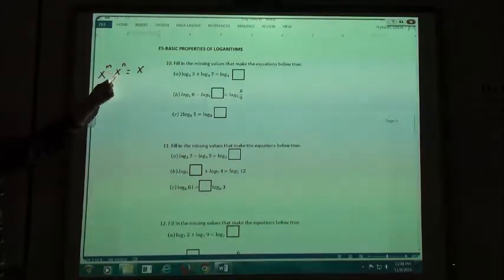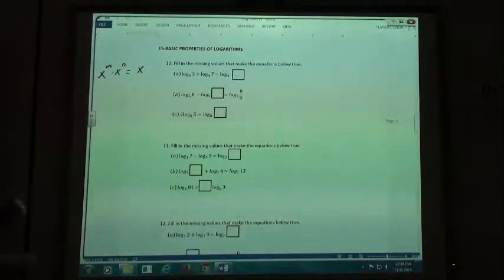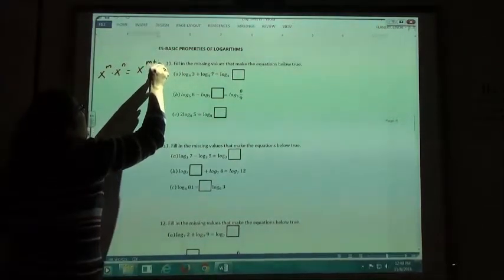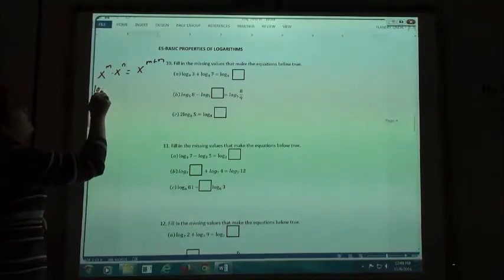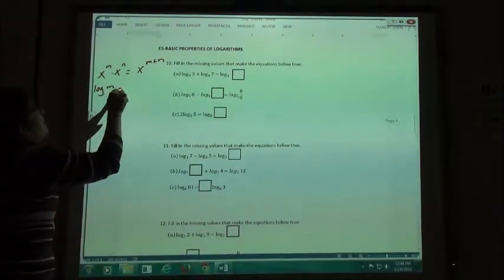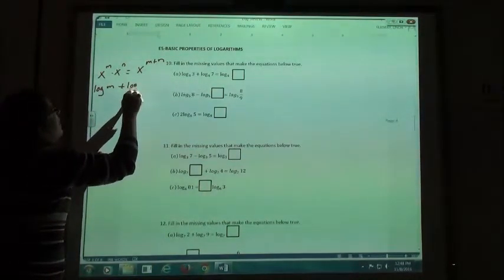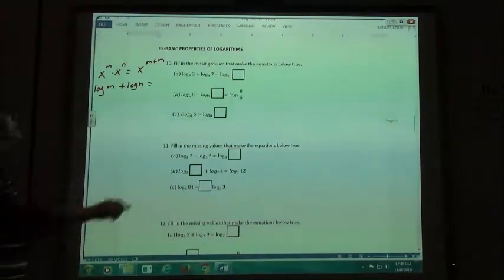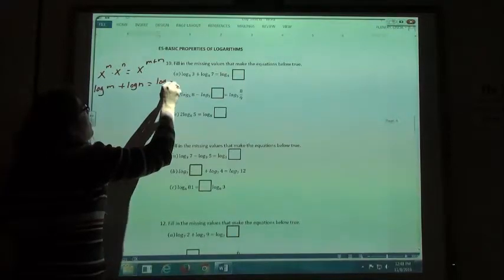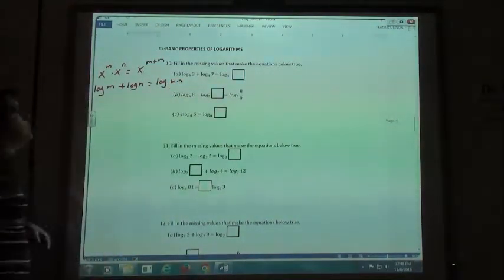When my bases are the same, I add my exponents, m plus n. With a logarithm, if we have the log of m plus the log of n, we are then going to multiply. So we're going to say that it's the log of m times n.